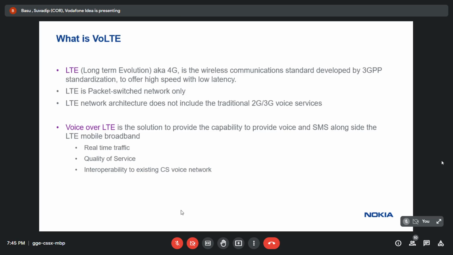Now, there are two aspects of real-time traffic. One is the real-time realization of what is happening. This is what I was telling you about the charging part. The other part is the simple part. When I am saying hello to you, your reply hello should also be audible to me. And when we are talking to each other, we should be able to talk on a real-time basis.